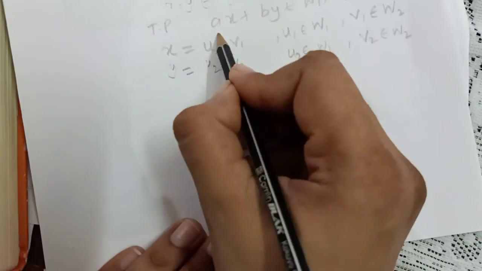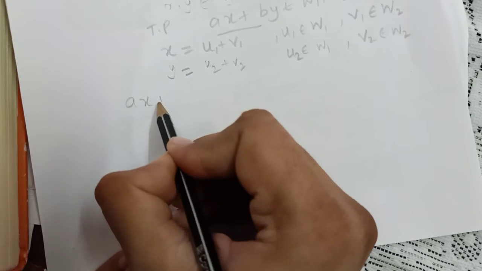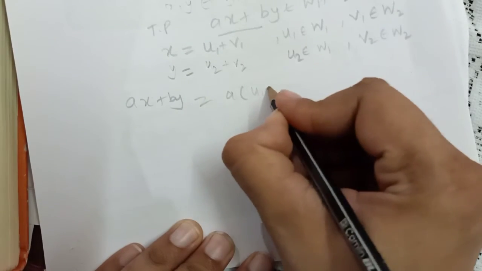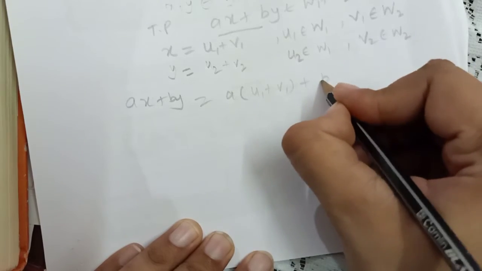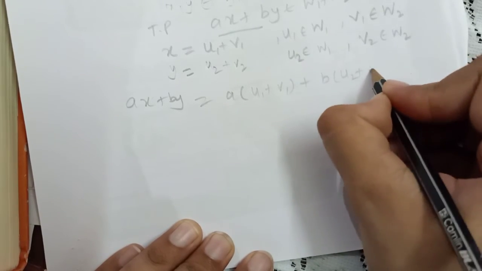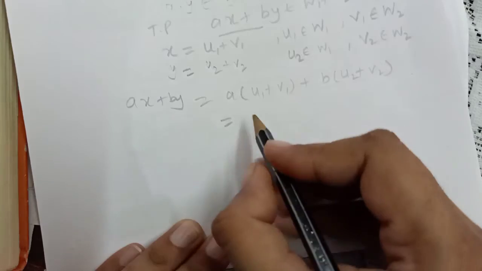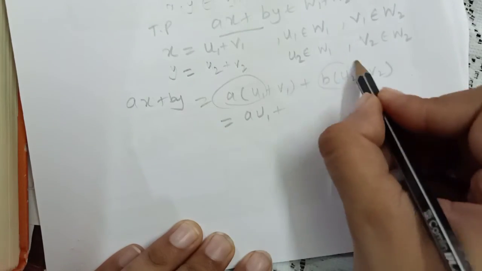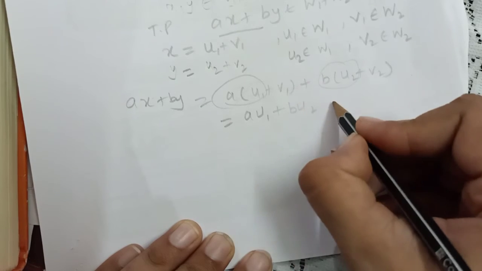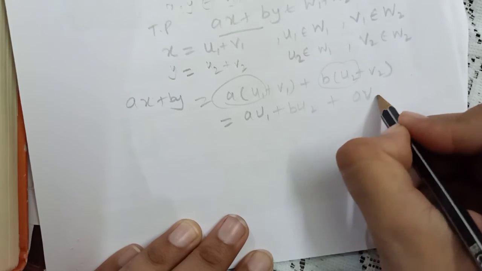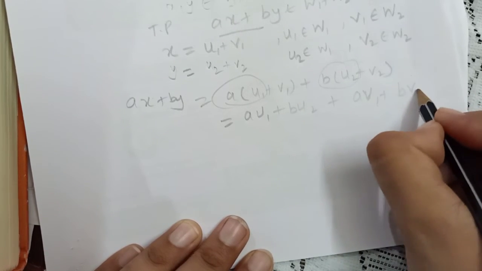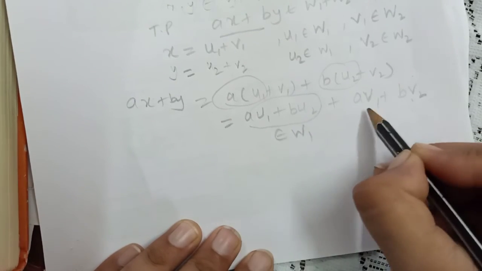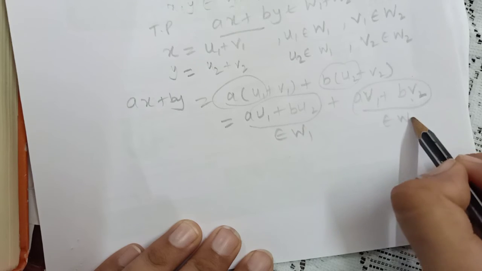Now let us come to this thing. Let us see what ax plus by would look like. So I am writing a times (u1 plus v1) plus b times (u2 plus v2). So this will be (au1 plus bu2) plus (av1 plus bv2), combining this and this. Now I am saying that this is in W1 and this is in W2. Why?